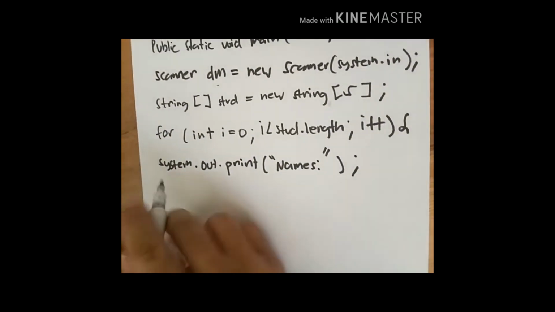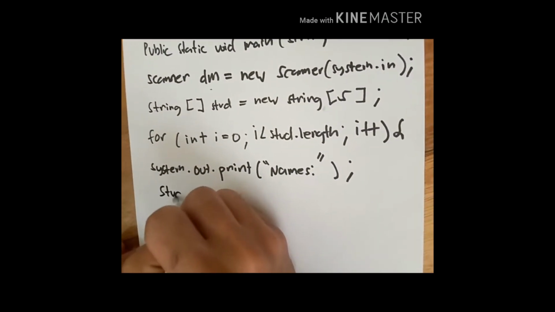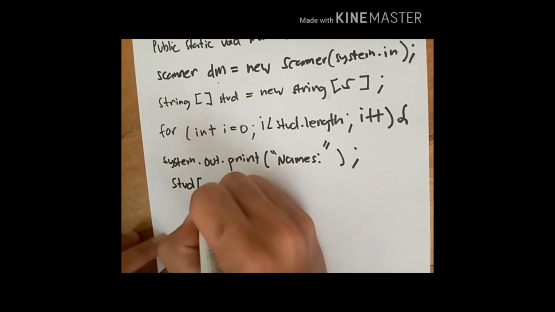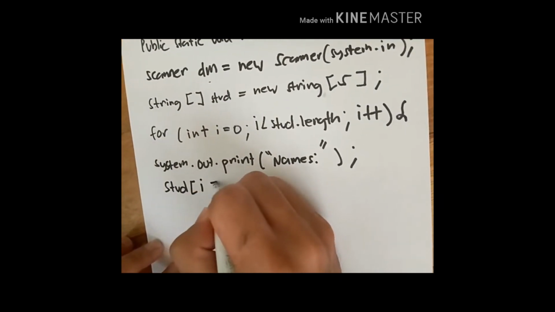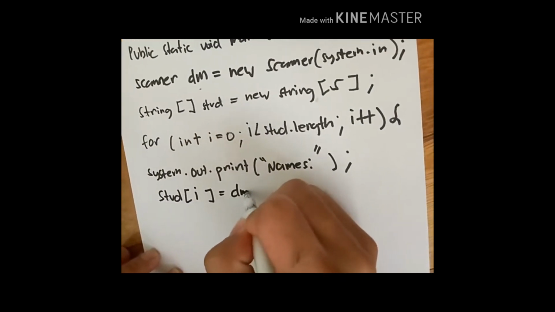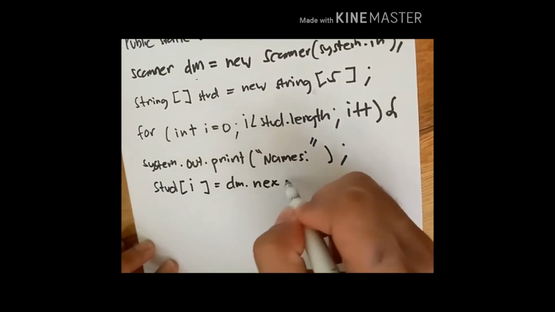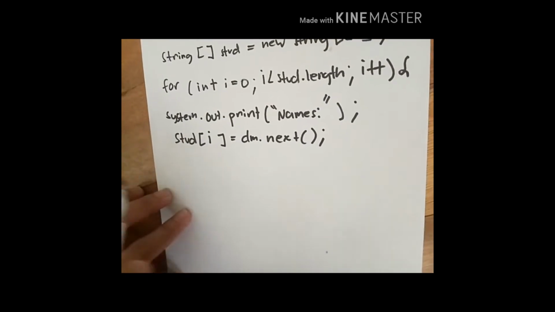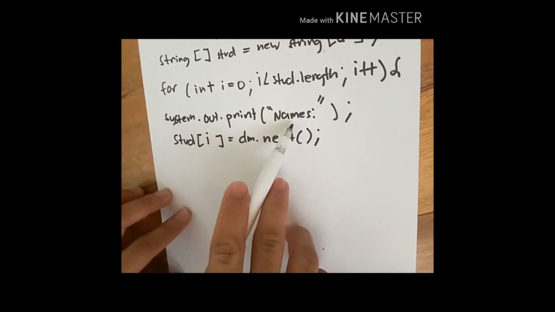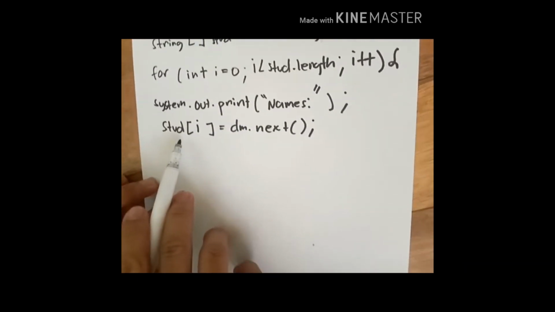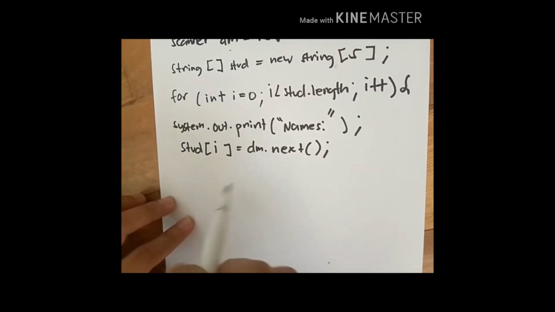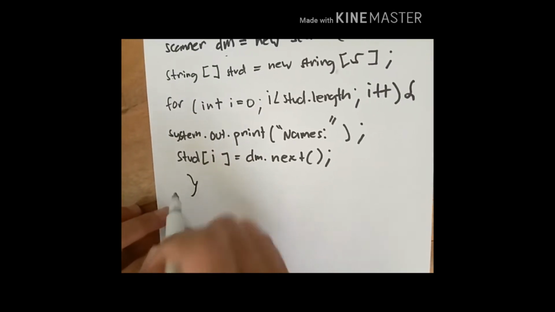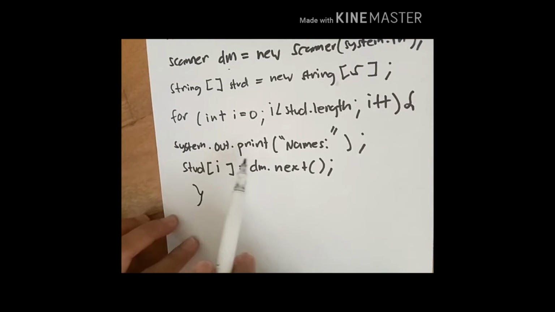Yan, semicolon. So, isusulat natin ang stud at yung variable na i, equals sc.next. Yan. So, ang purpose nito is para yung unang name na i-enter niya ay magka-count as 0 dahil dineclare natin na int i is equals to 0.